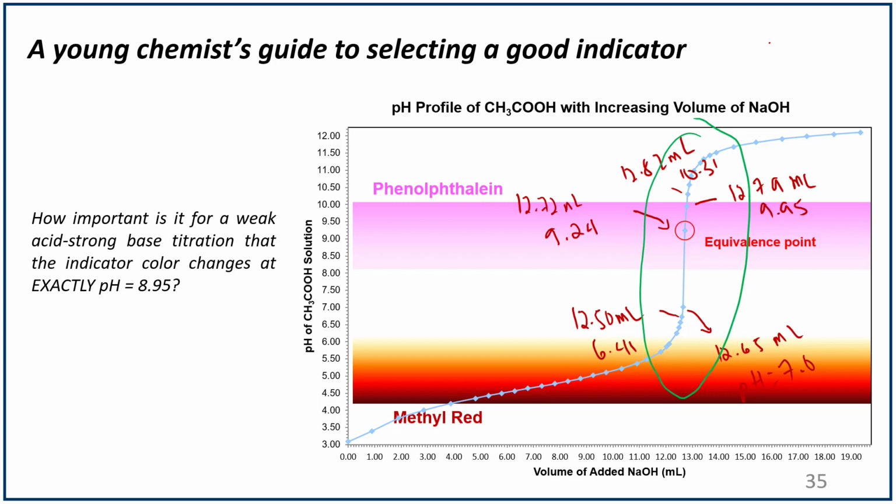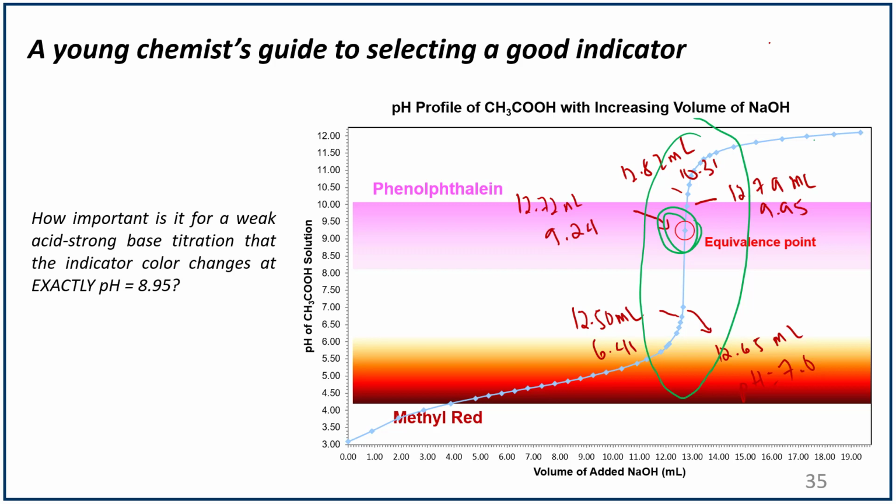Again, methyl red changes pH at around 5.5 or around 5 even. But for this one, if you add 1 to 5, you will get 6, and that's not very close to this value. So for here you have limited choices. You can work with phenolphthalein and basically an indicator which has a color change, a pKa, at around that value.